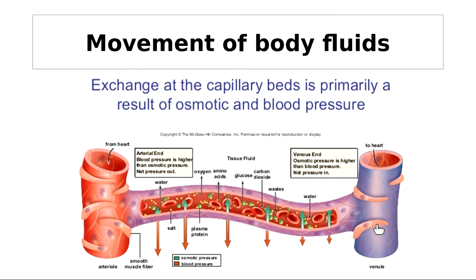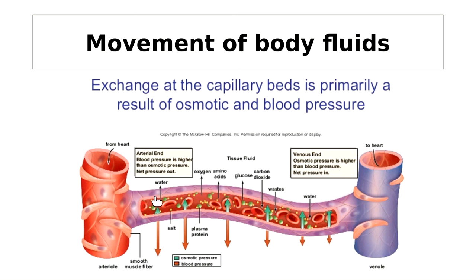That also happens to be the case in the capillary bed. The arterial side of the capillary bed has a higher pressure, pretty much when it's just coming off of the arteriole, than when the capillaries join up to the venule side. So you can see that arterial blood pressure is higher than osmotic pressure. The net pressure is out.